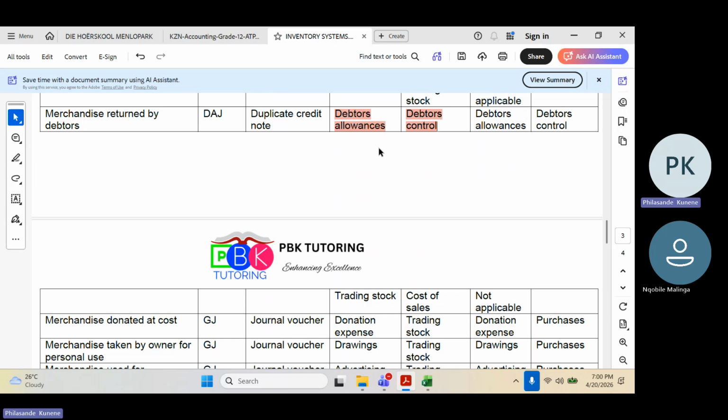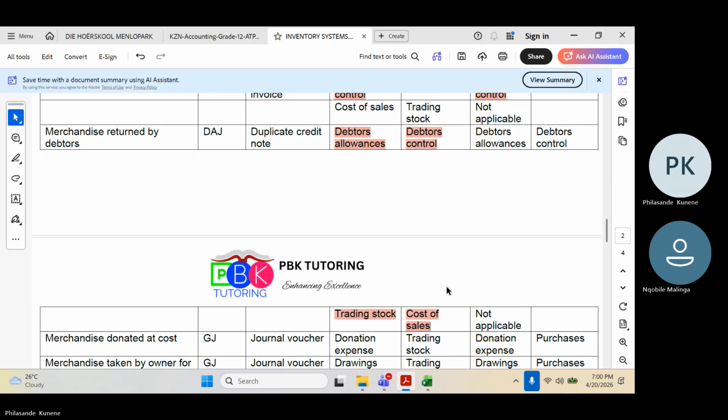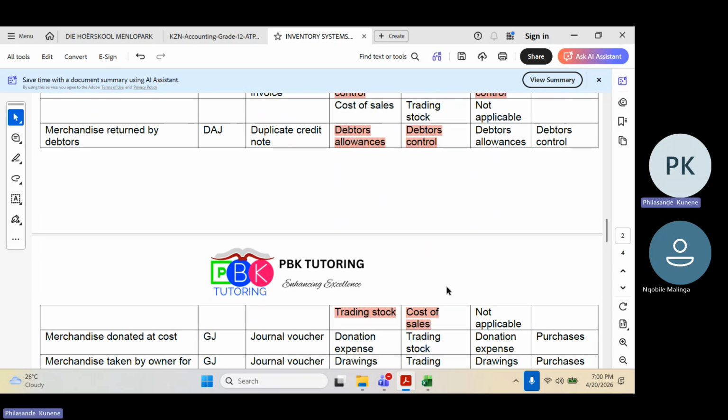And you must remember this debtors allowance is like a sale, because this thing is reducing a sale. We subtract debtors allowances under sale because these are returns by customers. And then we're debiting trading stock and then crediting cost of sales. It's the opposite of what we're recording there. The reason why we're debiting trading stock is because our stock is increasing.